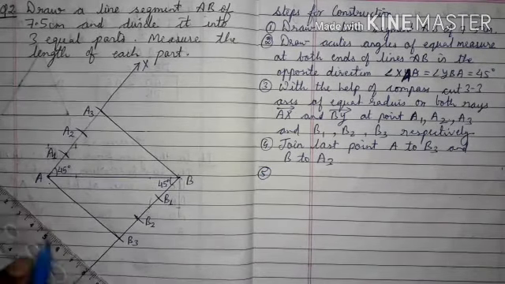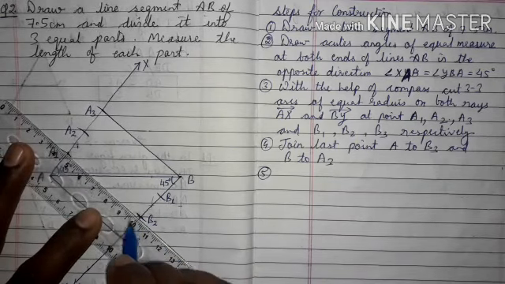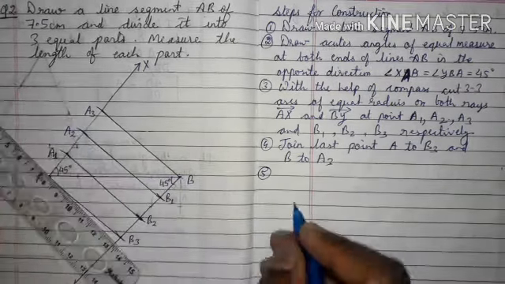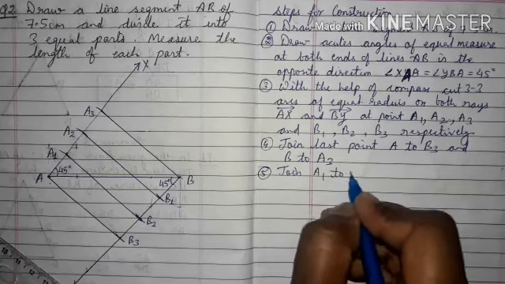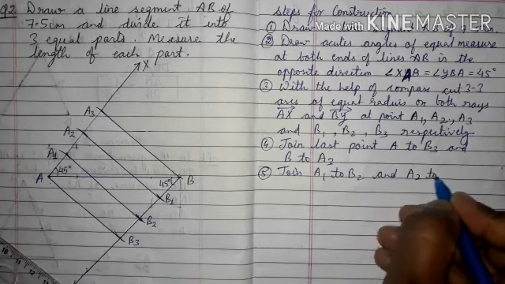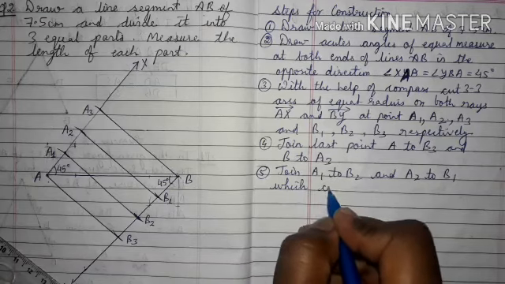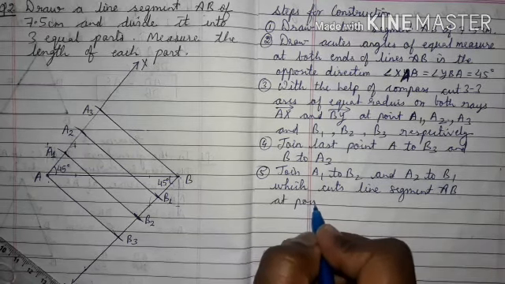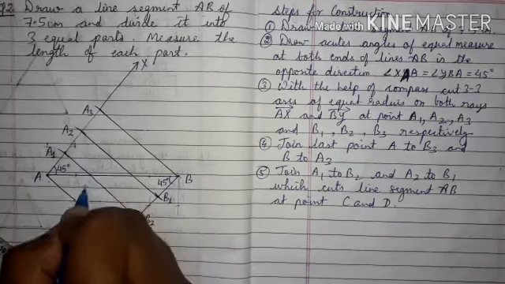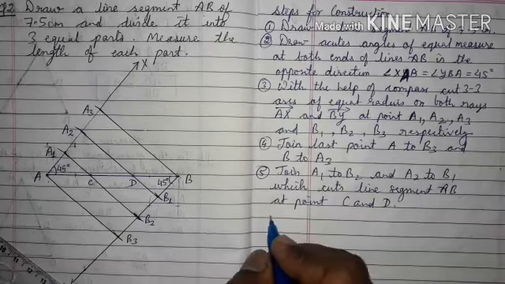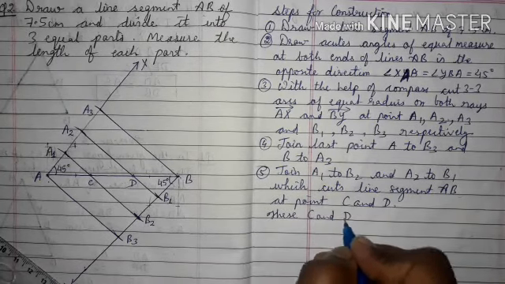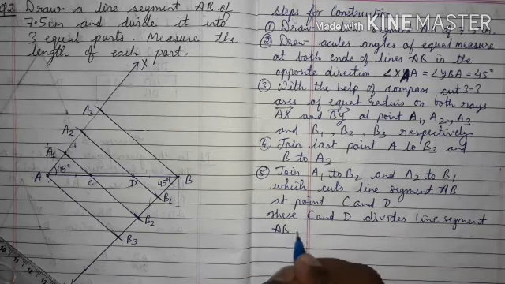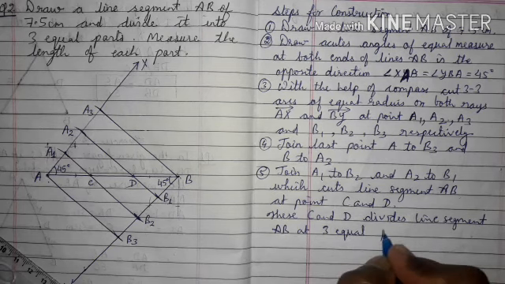Then join A1 to B2 and A2 to B1, which cuts line segment AB at points C and D. These C and D divide line segment AB into 3 equal parts.